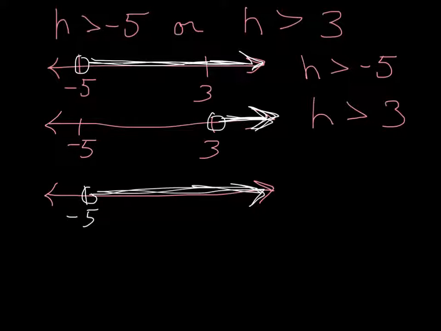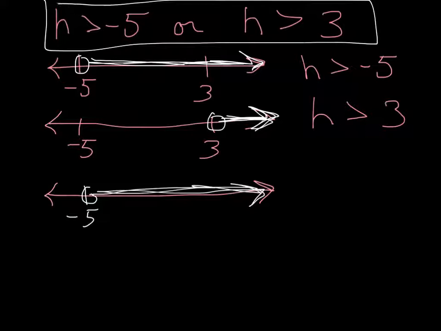If we shaded it in either one of these, we're going to shade it for our solution. So this would be the graph for the union for h is greater than negative 5 or h is greater than 3. That would be the solution for that.